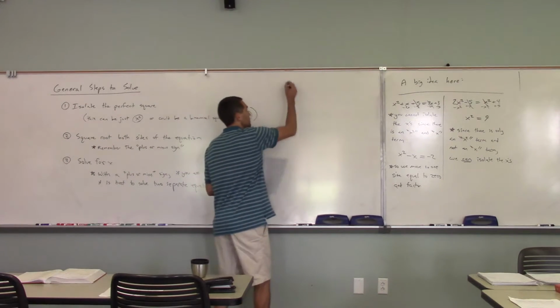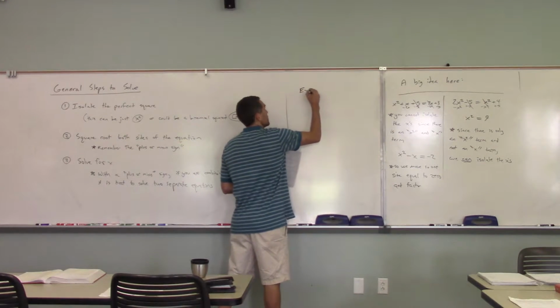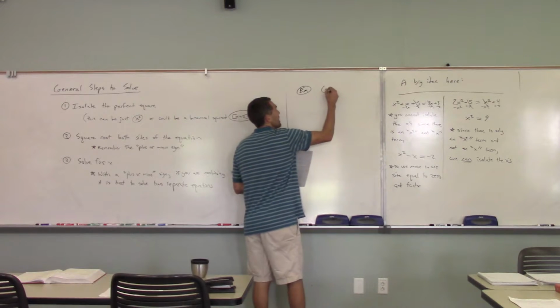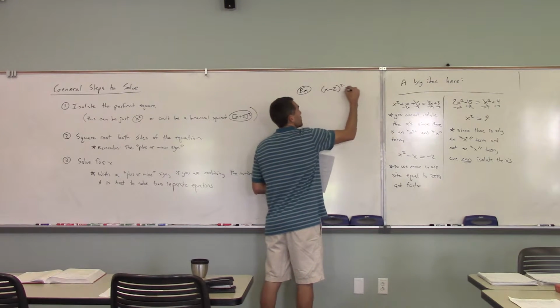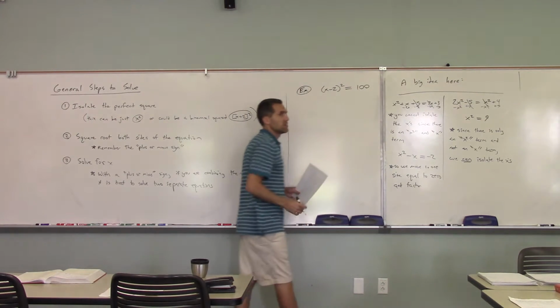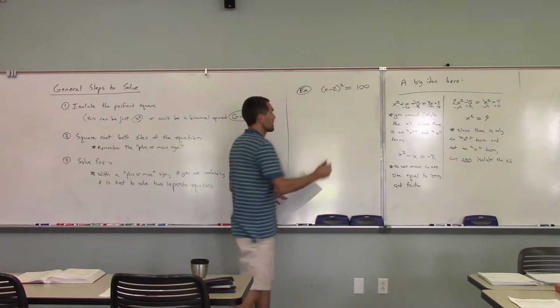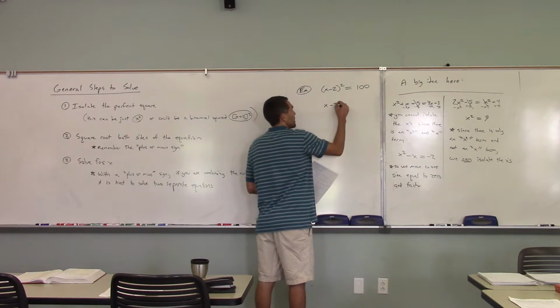So, the example right below that is, if I have x minus 2 squared equals 100, okay, the first step I would do there is I would go, okay.